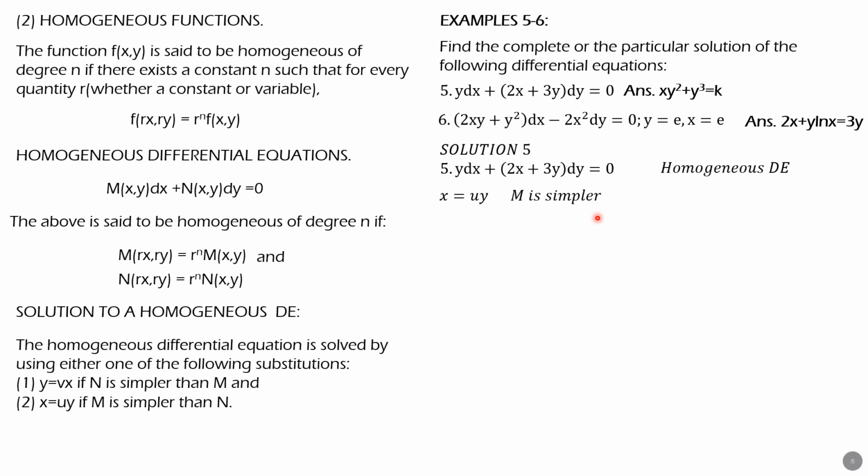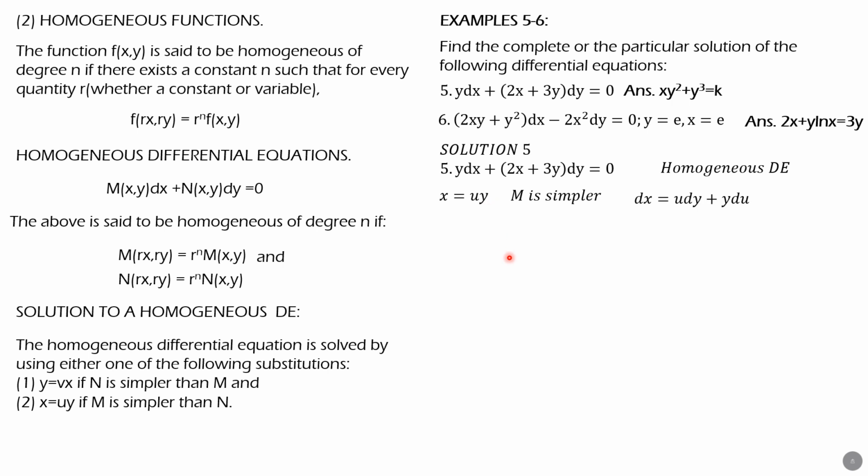x is u times y. We let x equal uy because M is simpler. So the differential of x, using the differential of a product, is u dy plus y du.